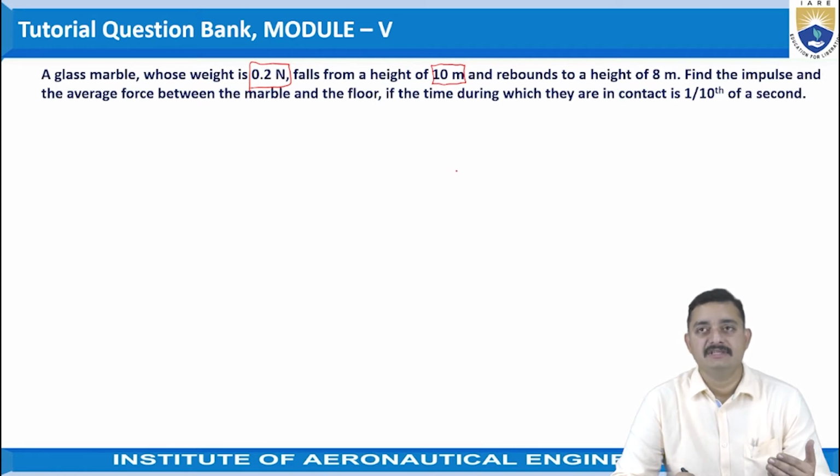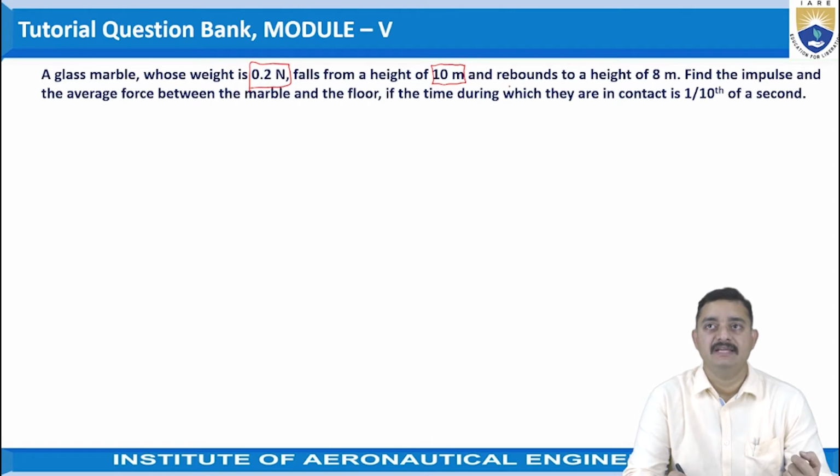The problem states that the glass marble falls from a height of 10 meters and rebounds to a height of 8 meters. That means it jumps back into the air to a height of 8 meters.